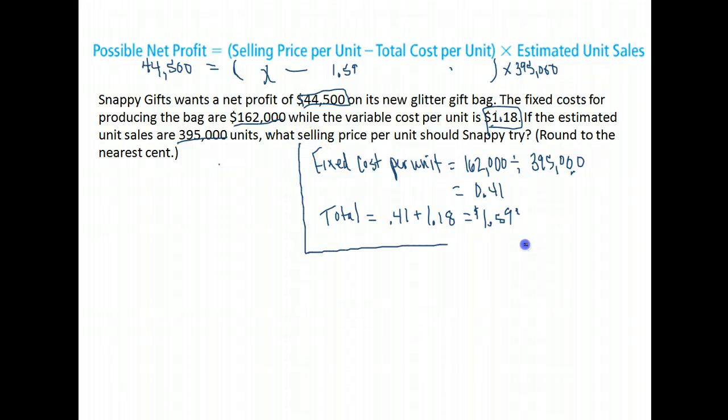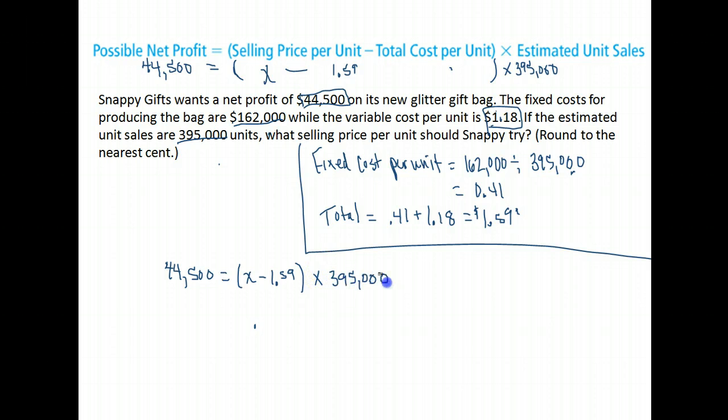Let's bring all of that information down here so we can solve for what they wanted. So again, we're using our formula that said the net profit, which they want it to be $44,500, is equal to the selling price, we don't know what that is, minus the total cost per unit, which we found was $1.59, times the estimated number of unit sales, which was 395,000.